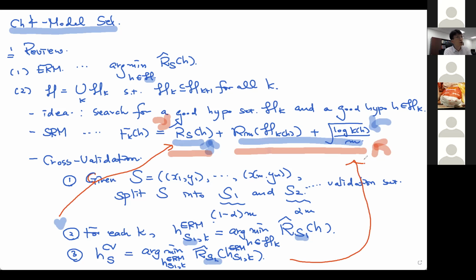It's more than the measure of this Rademacher complexity plus some extra square root term in SRM, but it's closely related to this. It tries to measure the real generalization. Okay. So then the final output is going to be this h_S^CV, that's going to be the result of this algorithm.